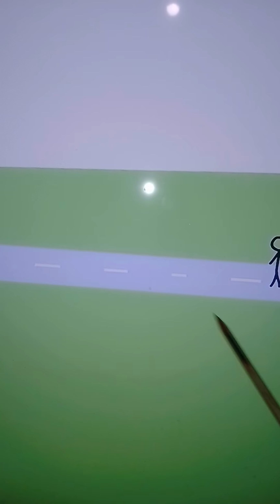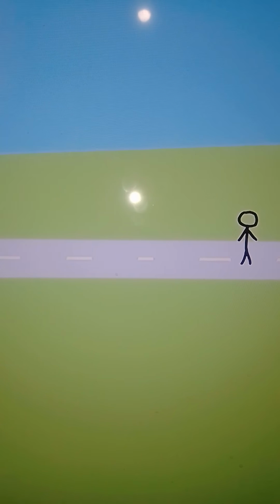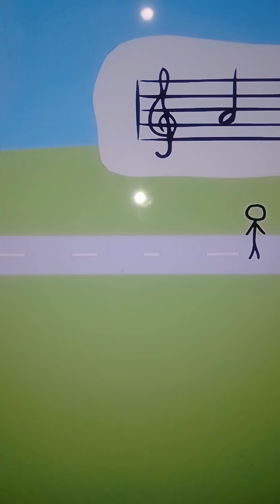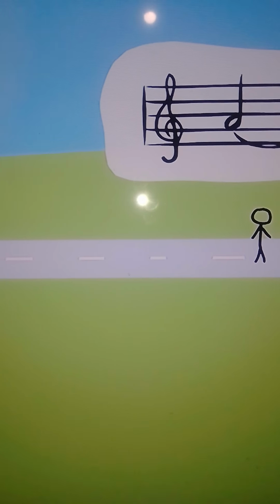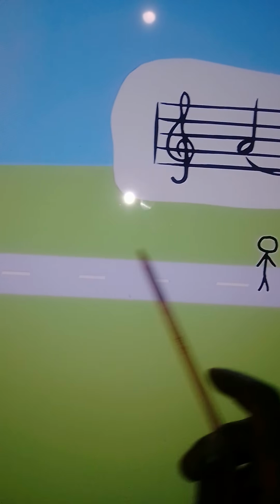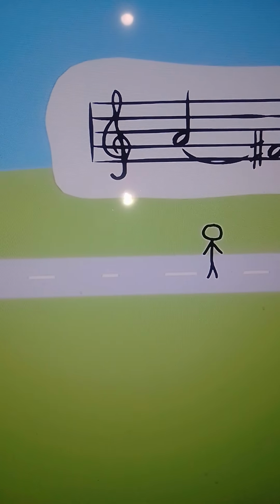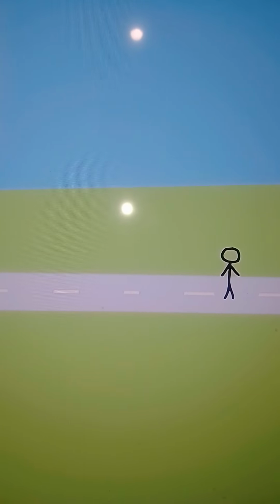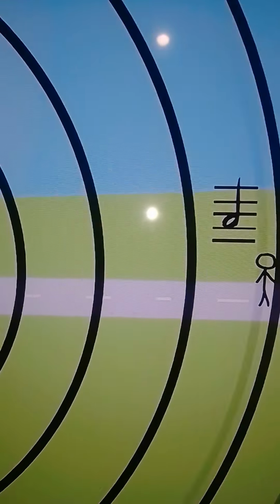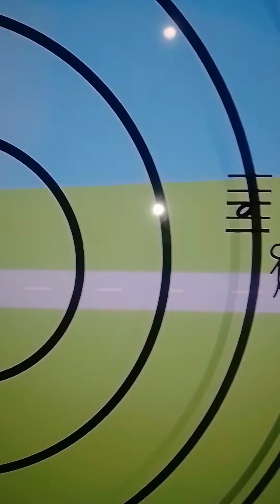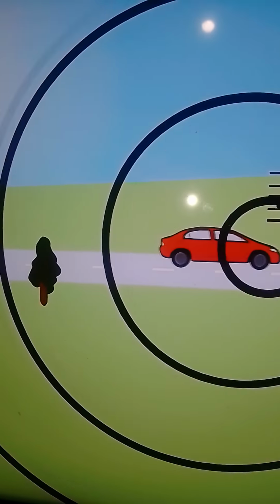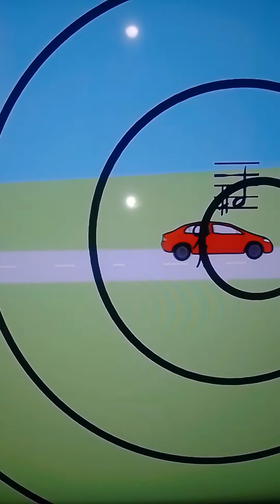Now let's look at other situations. Let's see what's going to happen here, as the car passes by the observer. This guy is moving much more slowly than the fast car, and we can see what the observer is getting from the source.